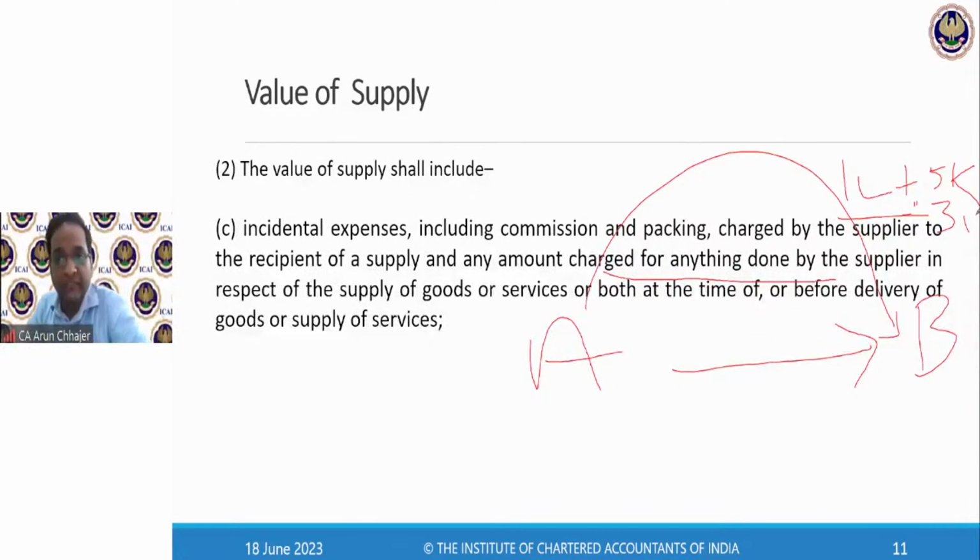Now, please give the answer. The GST needs to be charged on 1 lakh or 1 lakh 10,000? You all will give the correct answer.